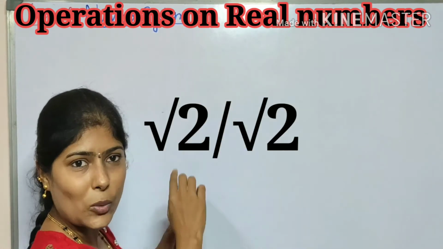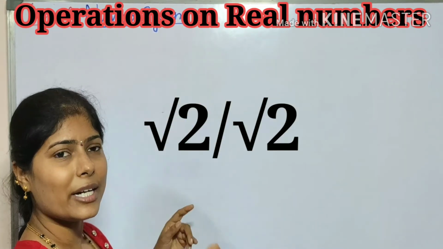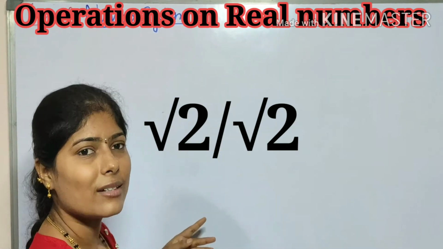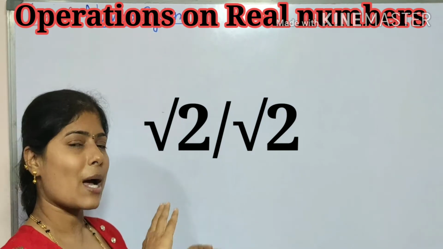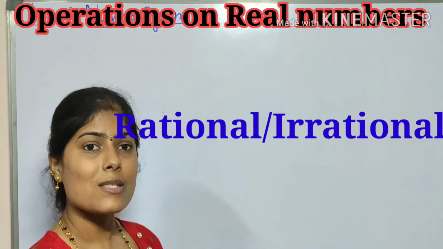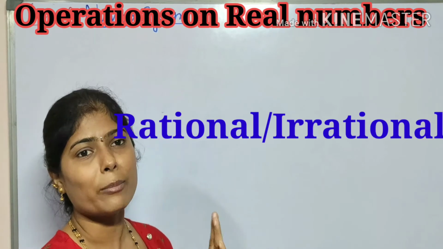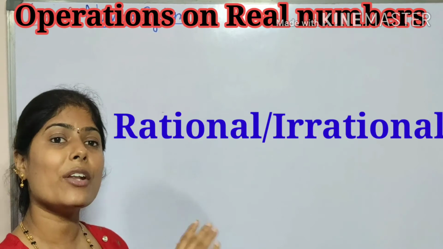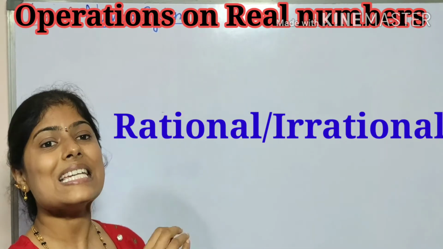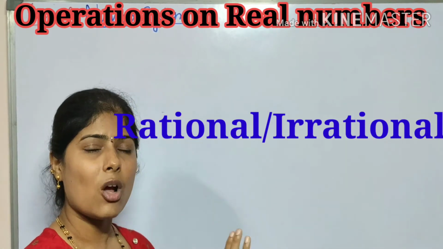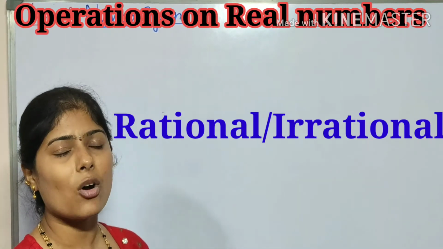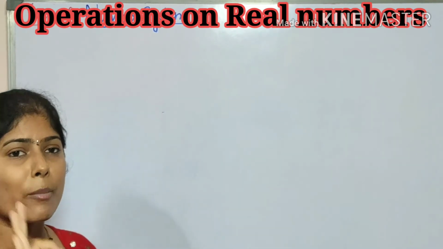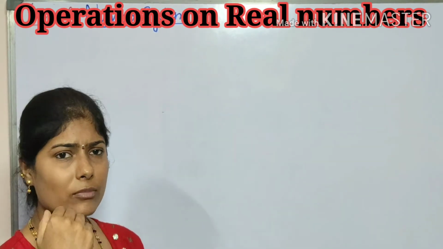Or root 2 by root 2, if you divide, its value is 1, so it is rational. Sometimes it is irrational, sometimes it is rational. The sum, difference, quotient or product of two irrational numbers can be rational or irrational. These are the 3 points you have to remember when solving the operations.